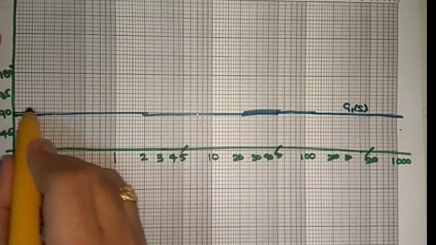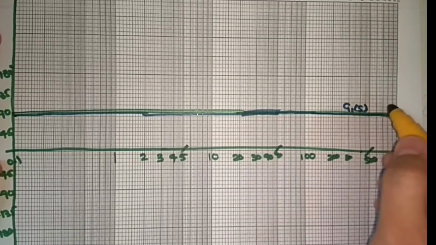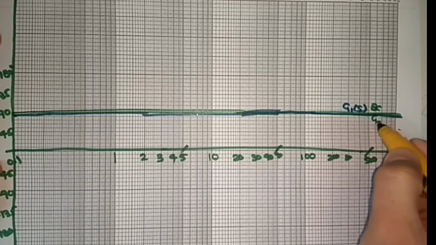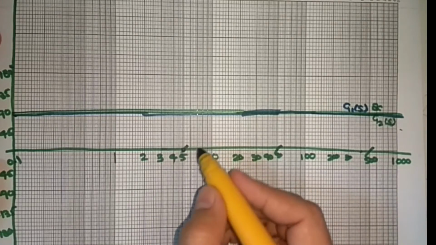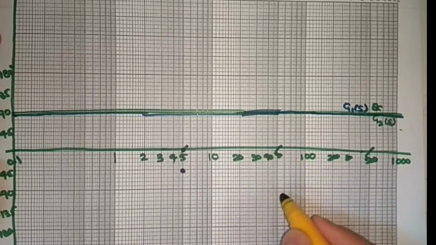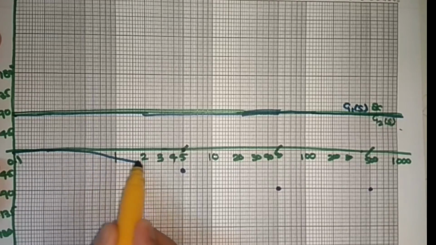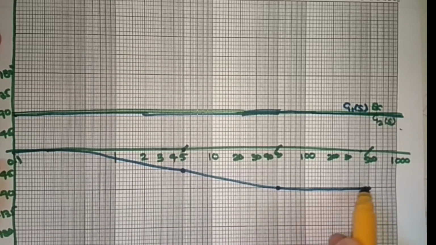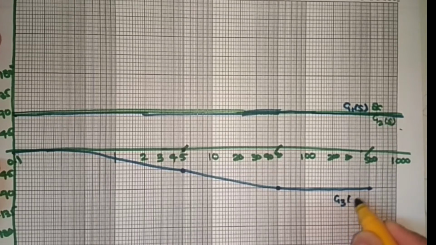So G2(s). And for G3(s), at the cutoff frequency you will have minus 45 degrees, and at high frequency it will go to minus 90 degrees. It will stay constant, right? So this is G3(s).